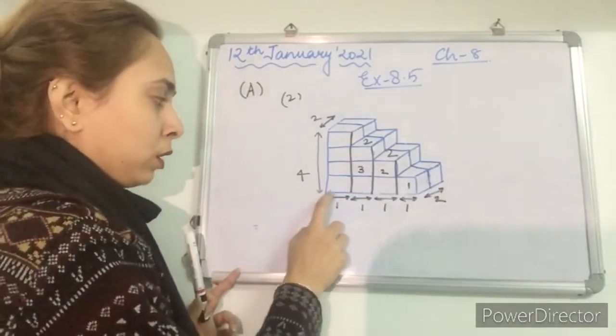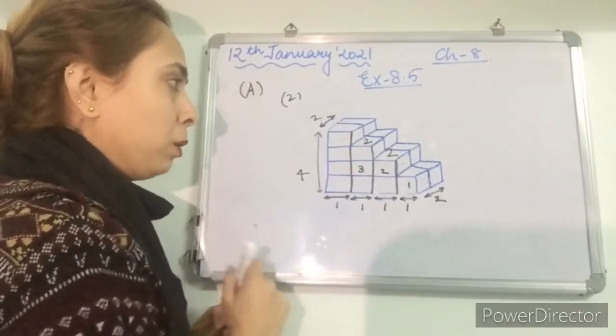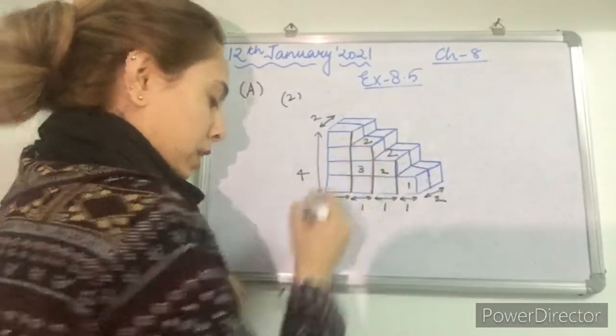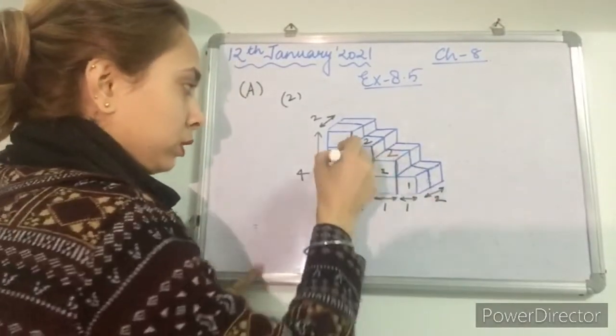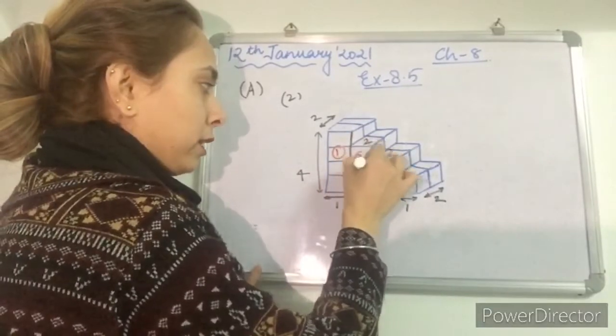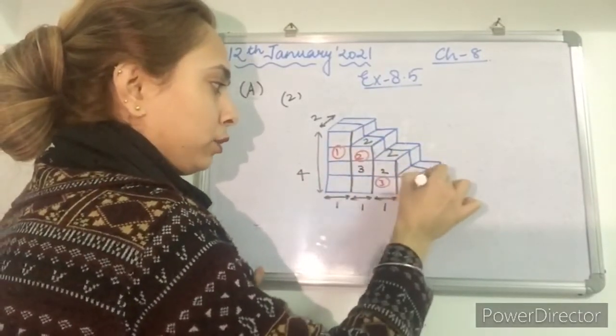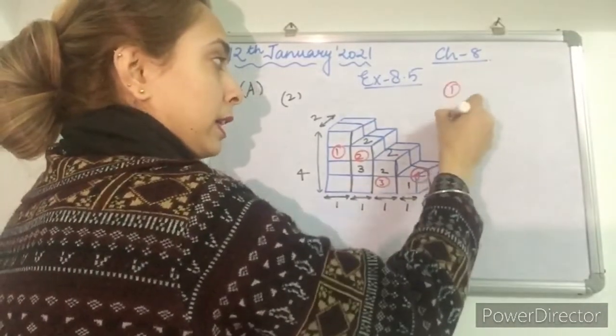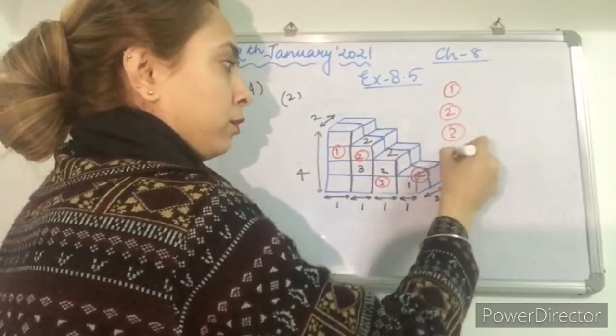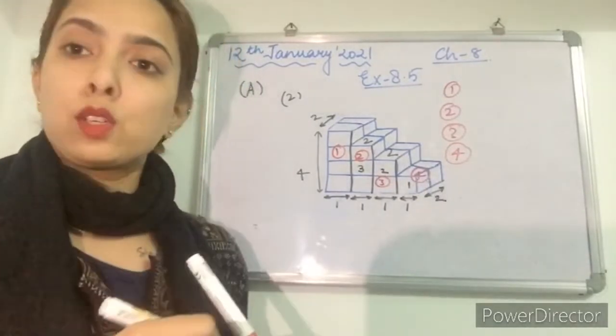So the volume of the first cuboid, this is the first cuboid, this is the second cuboid, this is the third cuboid, and this is the fourth cuboid. Length into breadth into height.